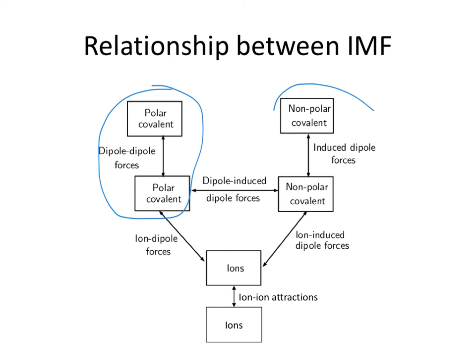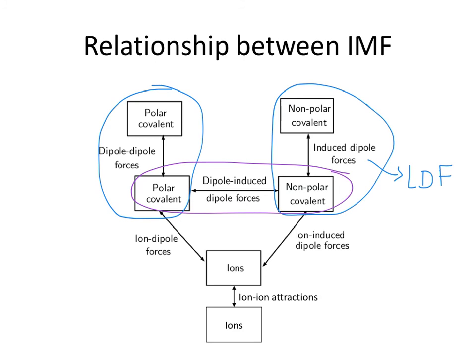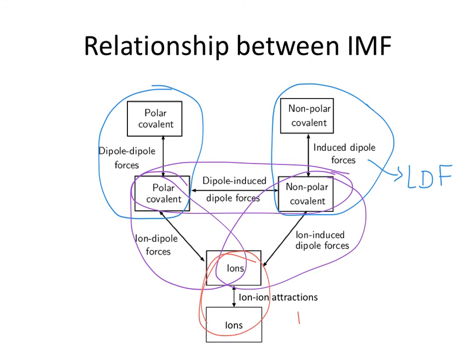If you had two nonpolar molecules, that'd be iodine and another iodine. That'd be induced dipole forces, such as London dispersion forces. If you wanted to mix a polar and a nonpolar, that'd be dipole-induced dipole. If you wanted to mix a polar and ionic, ion-dipole. A nonpolar and ionic, ion-induced dipole. And finally, ions and ions is ion attractions or ionic bonds.